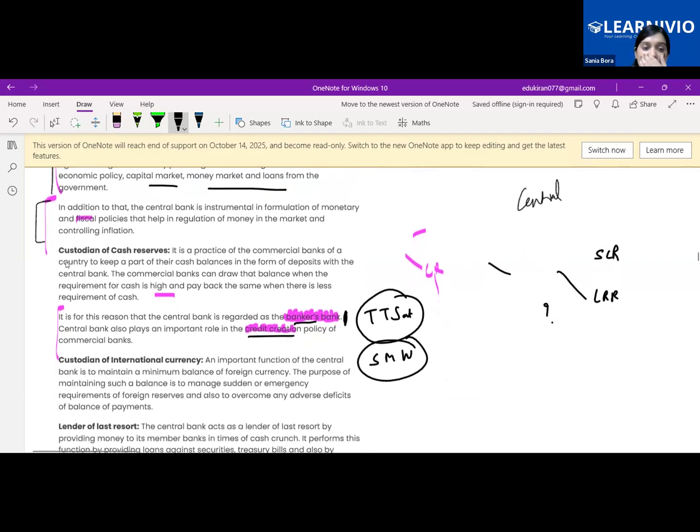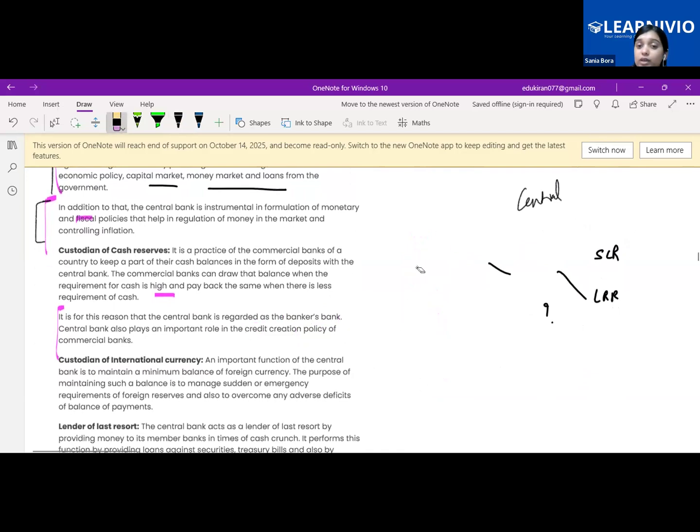Now, custodian of cash reserve. Cash reserve means you have to give a certain amount of money to the central bank. We got to know this when we were doing money creation. In practice, commercial banks of the country keep a part of their cash balance in the form of deposit with the central bank. The commercial bank can draw the balance when the requirement of cash is high and pay back when there is less requirement.